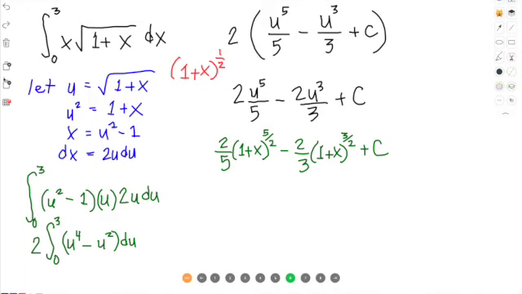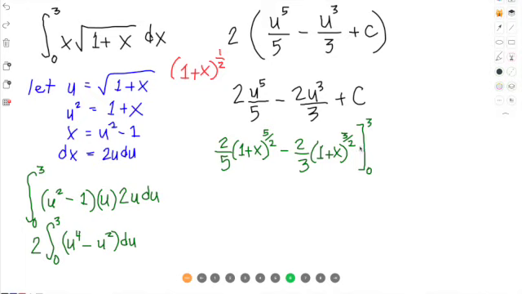Okay, let's just continue with the equation here. We can write it in this way without writing the c, from 0 to 3.